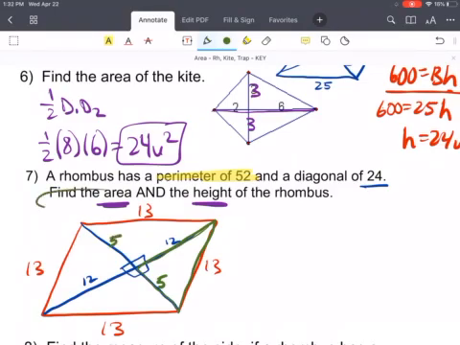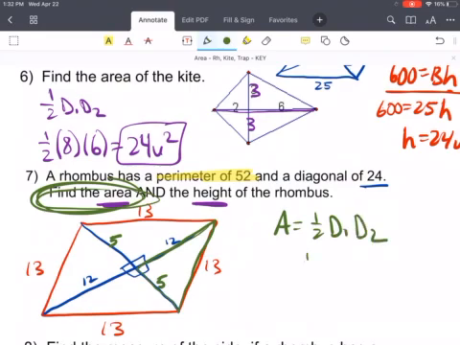I now have enough information to find the area because I can use my 1/2 diagonal 1 times diagonal 2. One of my diagonals totals 10. The other one totals 24, which gives me an area of 120.